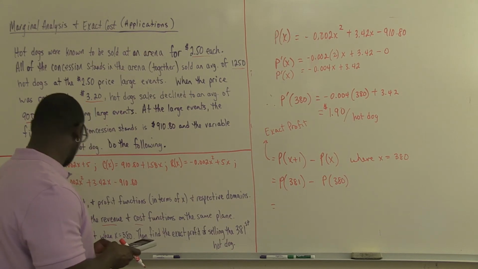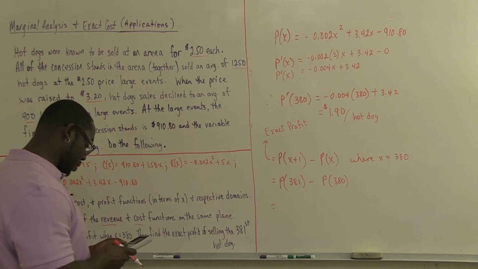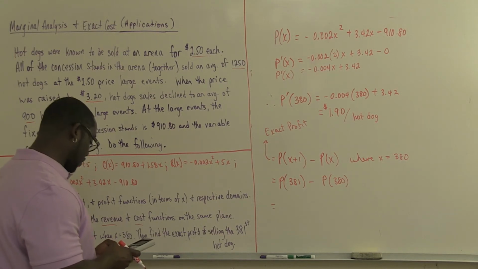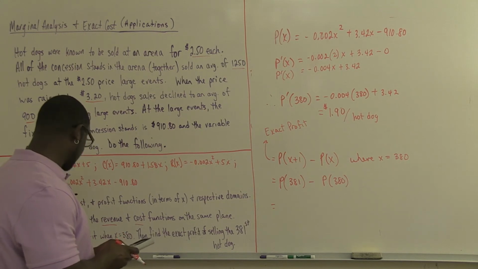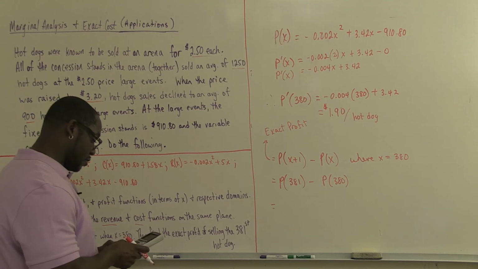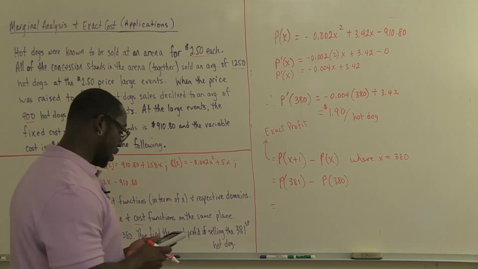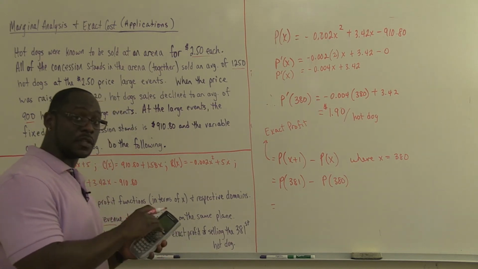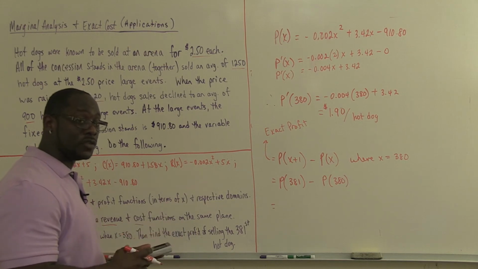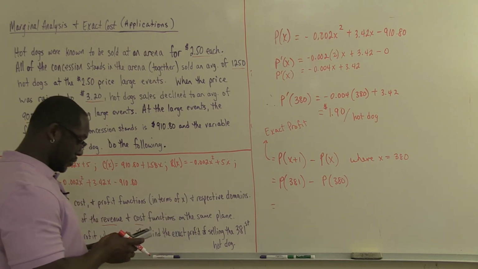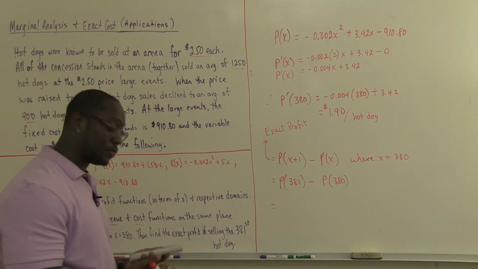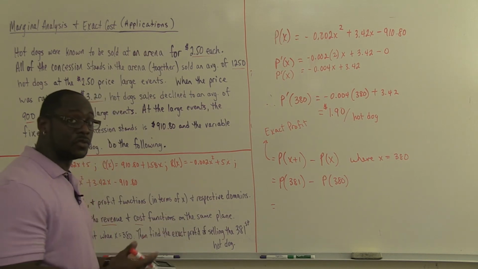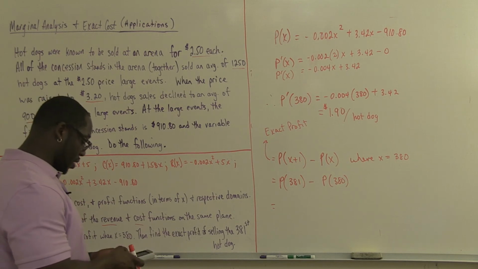So we have negative 0.002 x squared plus 3.42 x minus 910.8. And what I'm doing is I'm putting this in the graphing part, and I'm going to do the second calculate to get it to evaluate a value. So for those of you that are wondering how I'm going to do this, that's how I'm doing it.